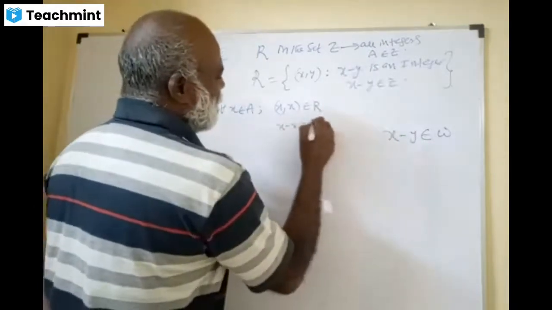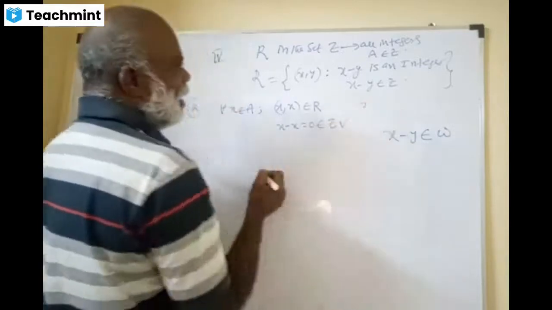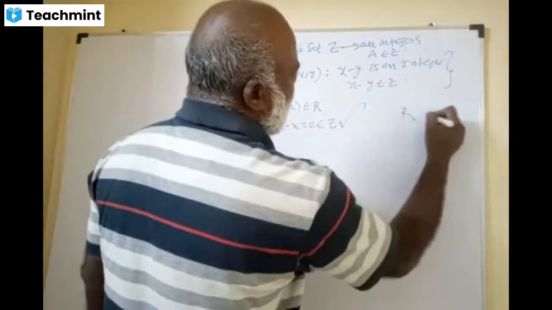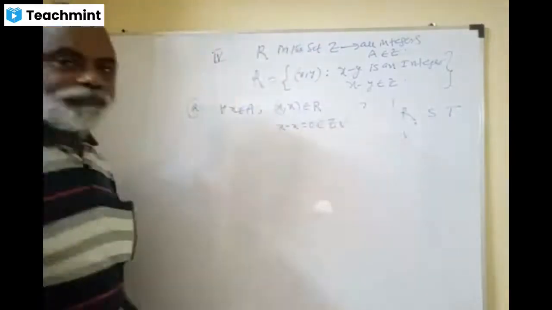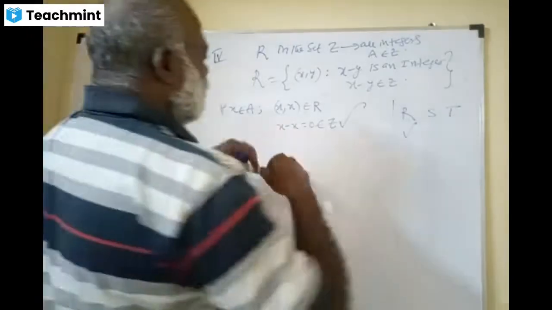X minus X equal to 0. 0 belongs to Z. Verified. Therefore, friends, here R is reflexive. Clear? Yes, sir. You have to verify this.